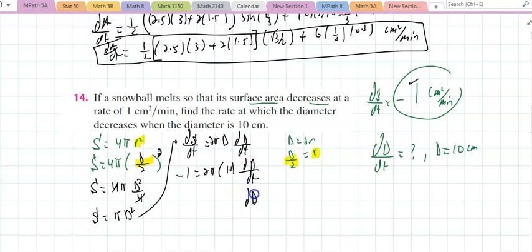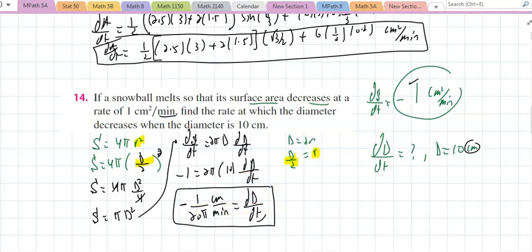So the change of the diameter with respect to t will be -1 over 20 pi. And the units would be, they told us the diameter is in centimeters and the time was in minutes. And there we go.